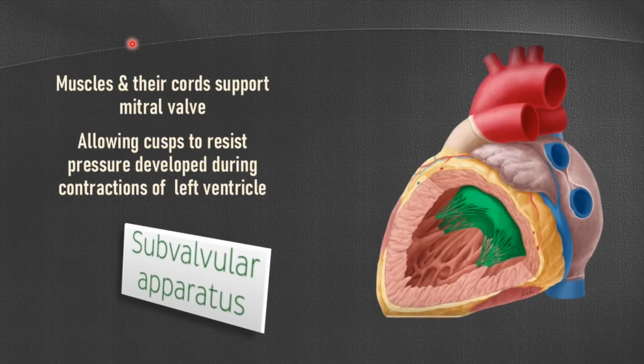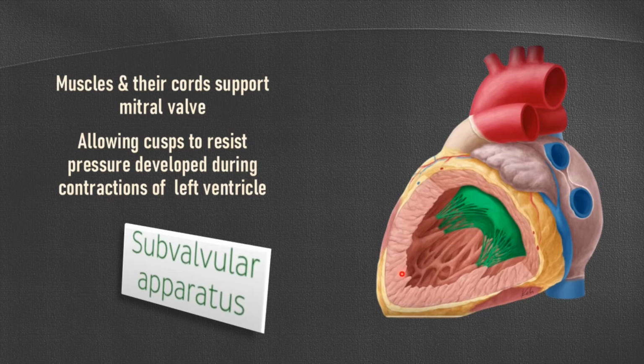Now muscles and their cords support the mitral valve, right? Muscles and their cords, these are the papillary muscles and their cords, these are the chordae tendineae, support the mitral valve, allowing cusps to resist pressure developed during the contraction of the left ventricle. So with the help of this muscle and these chordae tendineae, the valve resists pressure during the contraction of the left ventricle, because the left ventricle will forcefully contract.